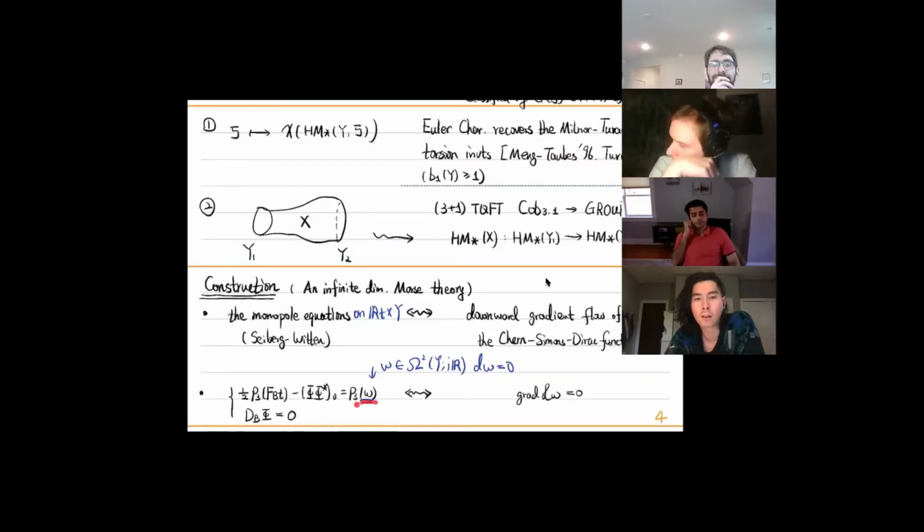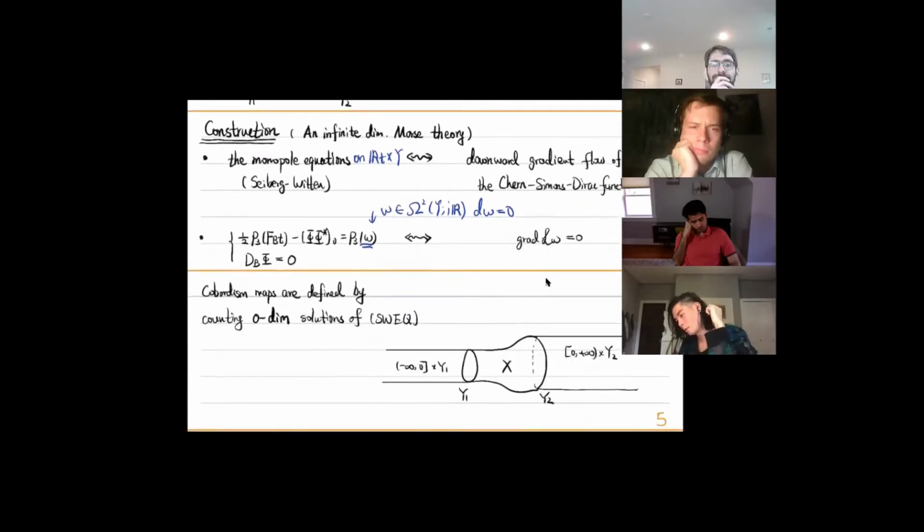And this perturbation will also affect the Chern-Simons-Dirac functional. This perturbation will play an important role in our construction later. By the way, a solution to this reduced equation is also a critical point of the Chern-Simons-Dirac functional.